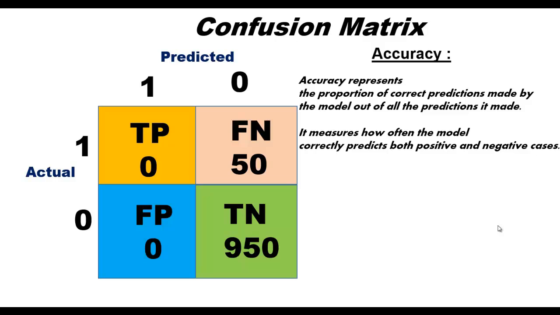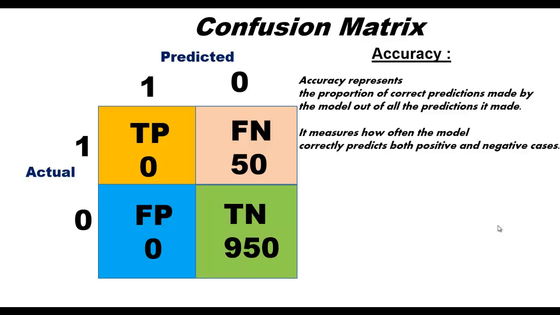Let's consider a binary classification problem where we want to predict whether an email is spam or not. We have a data set of 1000 emails, of which only 50 are spam and 950 are not spam. Assume that we are creating a classifier that always predicts not spam, the majority class only, regardless of the input.